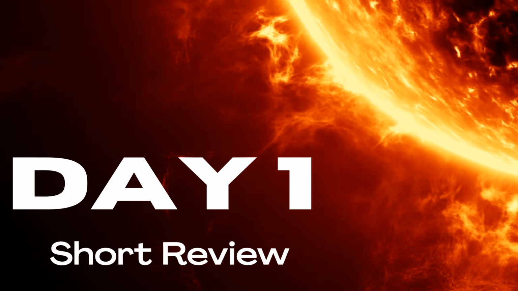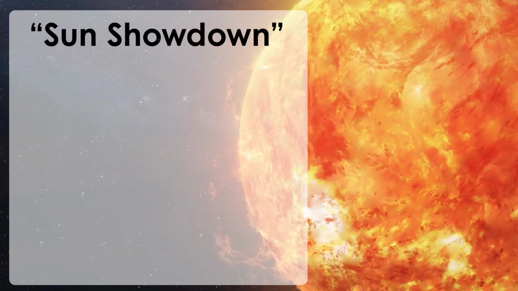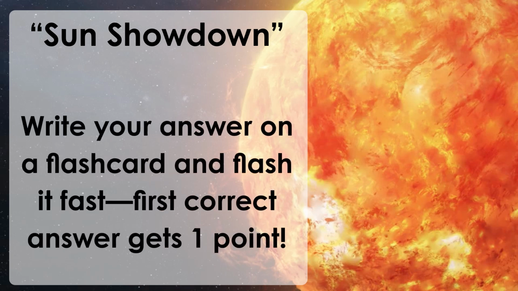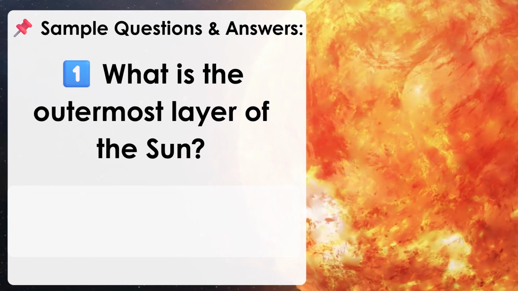Day 1, short review. Sun showdown. Write your answer on a flashcard and flash it fast. First correct answer gets 1 point. Number 1. What is the outermost layer of the sun?